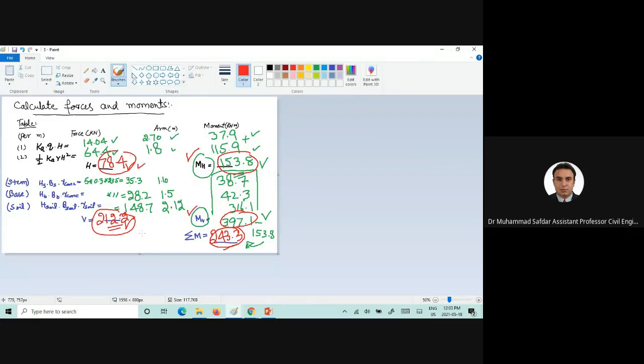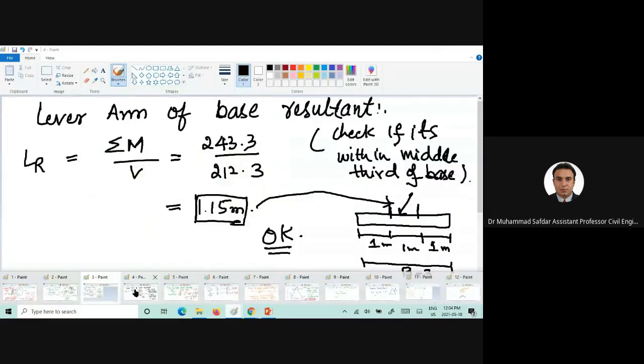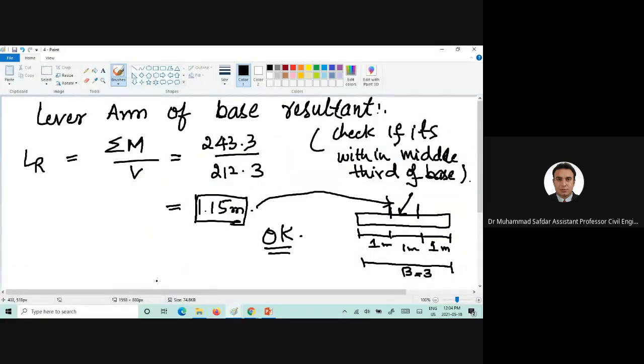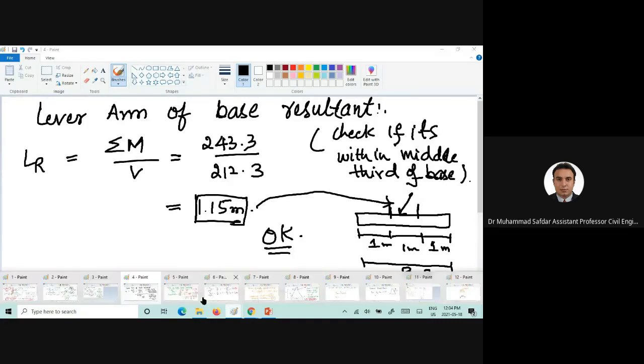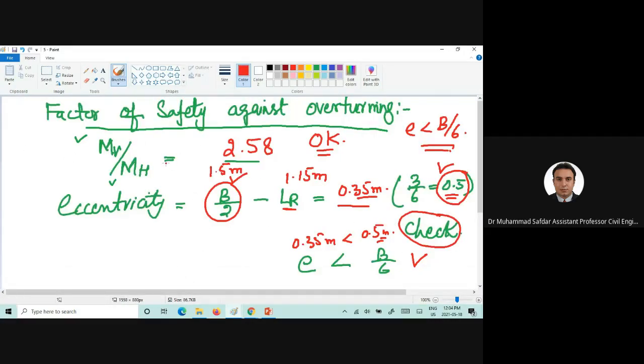We will sum the horizontal and vertical forces here, and then we will find out the lever arm of the base resultant, and after that we will find out the eccentricity and the factor of safety against the overturning using the MV, or the moments due to the vertical forces, and moments occurring due to the horizontal forces.